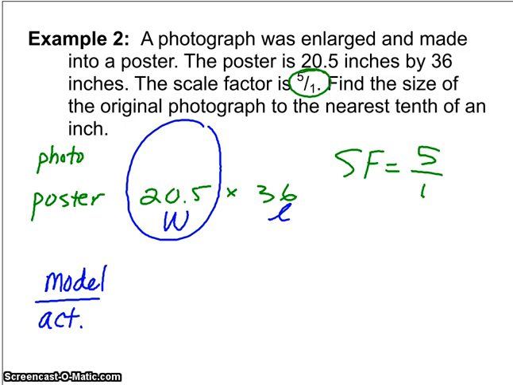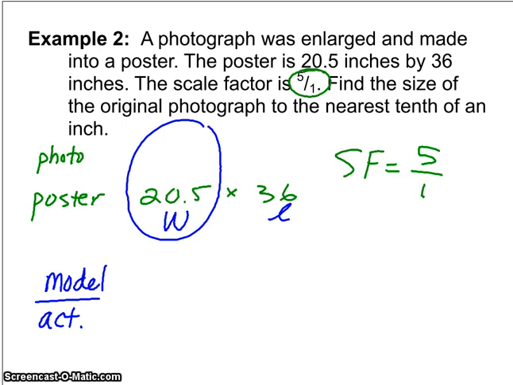we took a photograph and we blew it up. What was the original piece? What's the real thing that we started with? Again, the photo. The photo is what we began with. That's the actual thing, and then we change that to get the model.